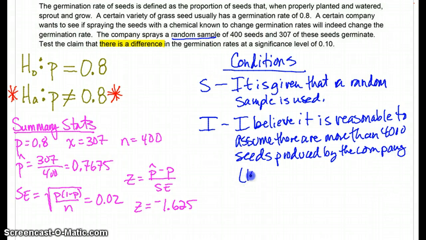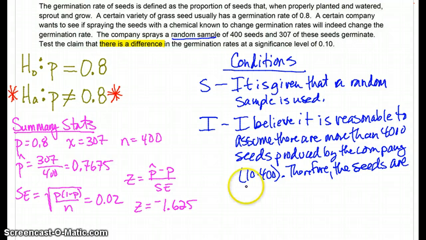And that goes to our 10 times 400, which is our 10% rule. Therefore, the seeds are independent.